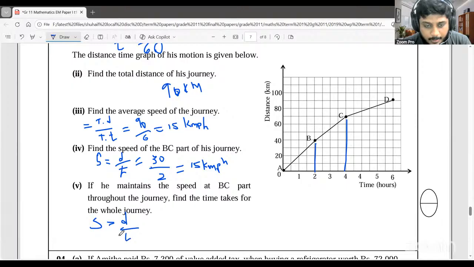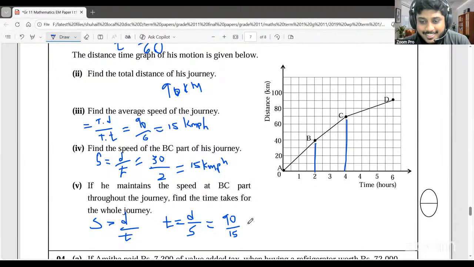In time and speed, you just cross it. Time send it here, speed send it here. So time will be equal to distance divided by speed. What is the distance? Total distance 90. Now they told if you maintain the same 15, so divide by 15. 90 divided by 15 is how much?